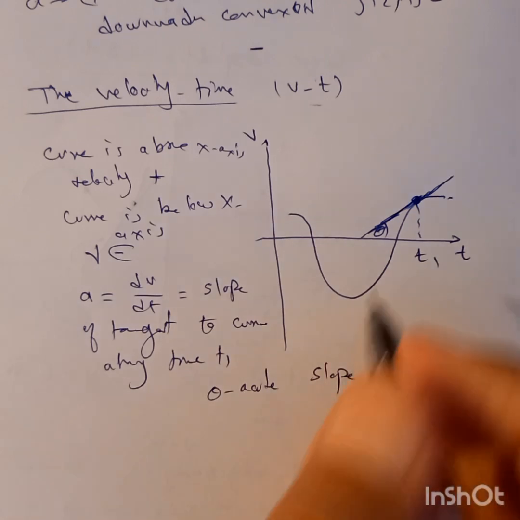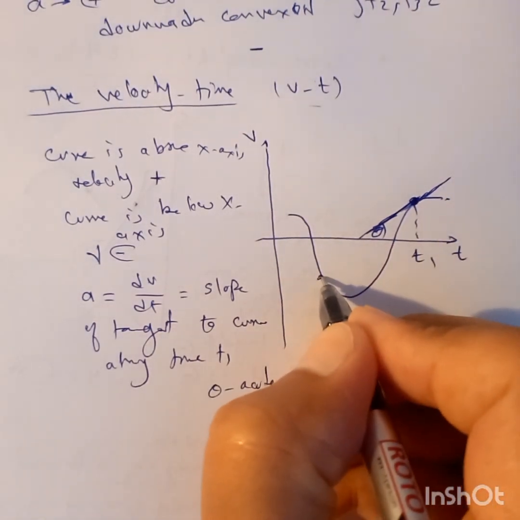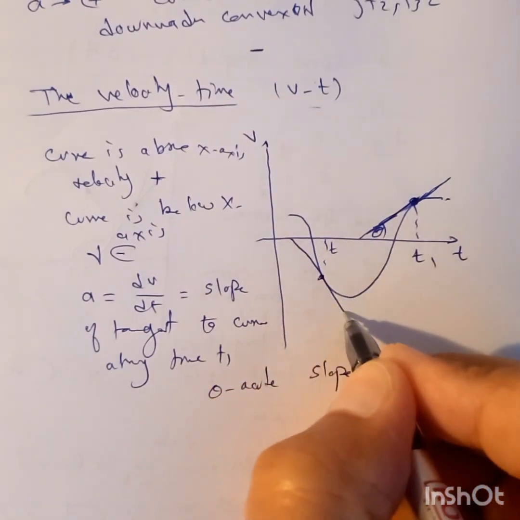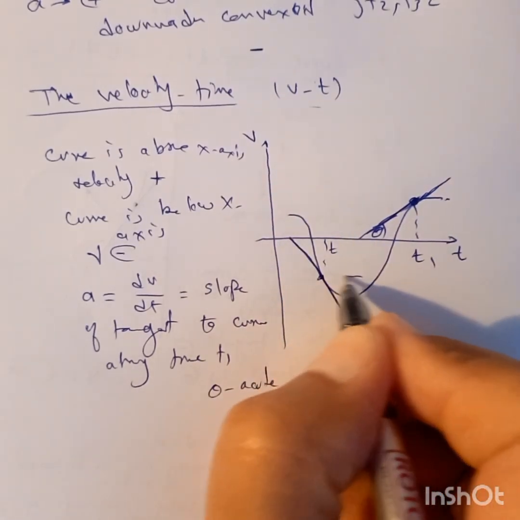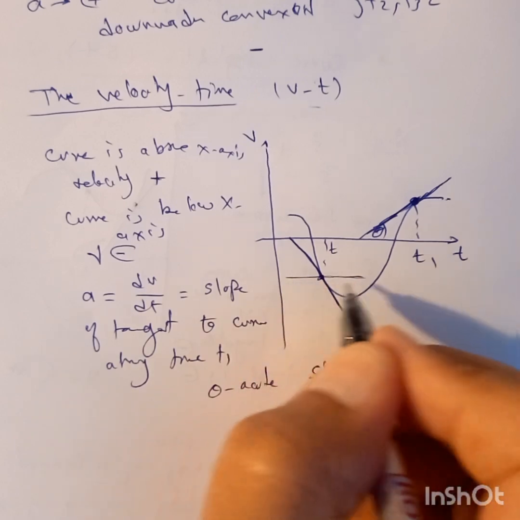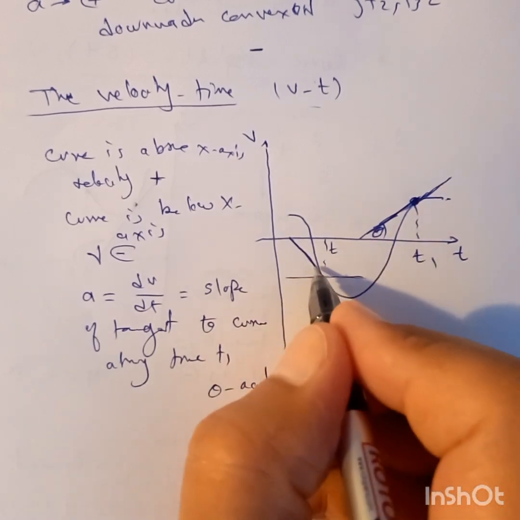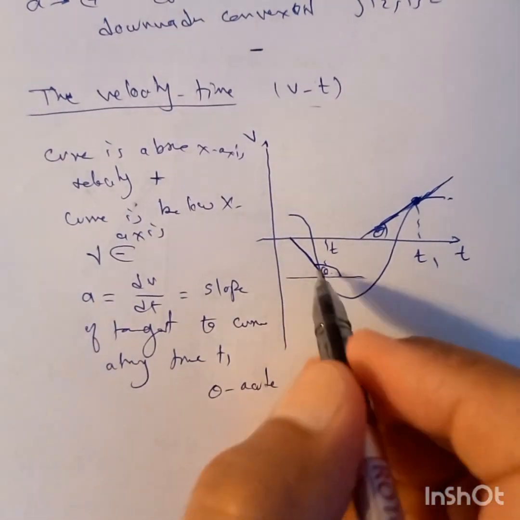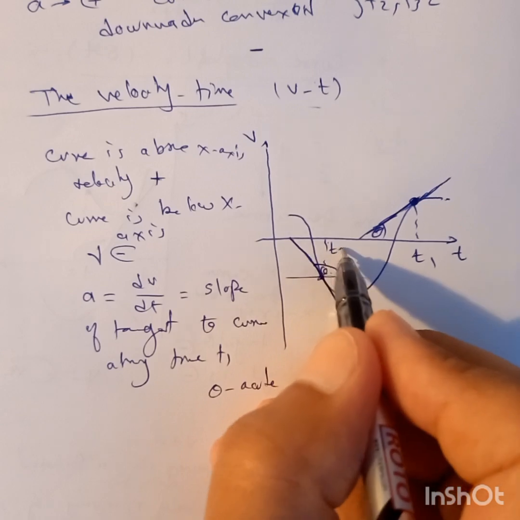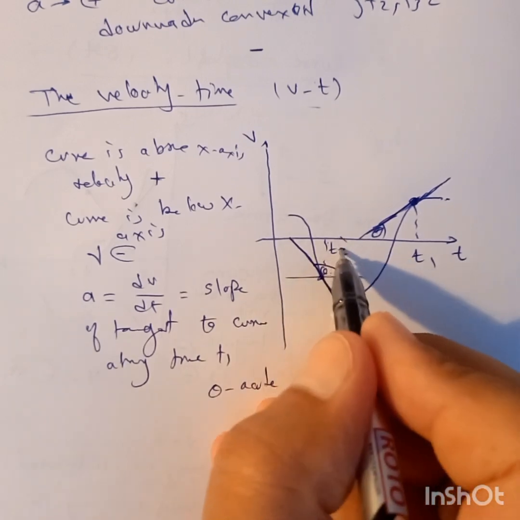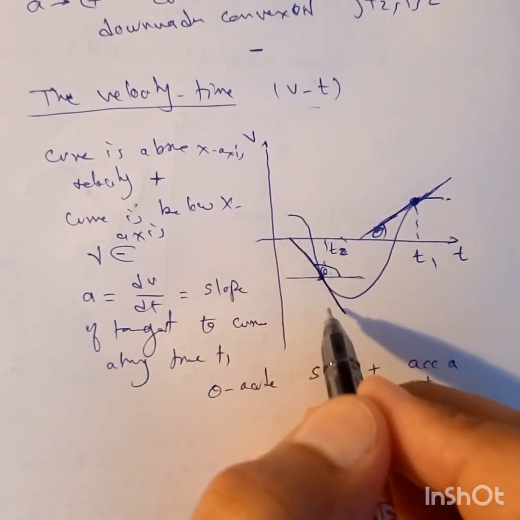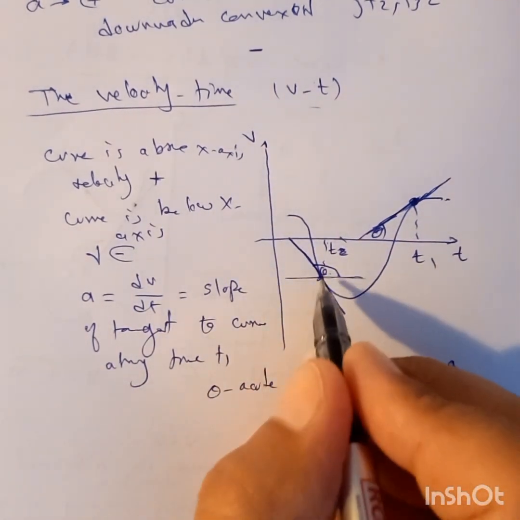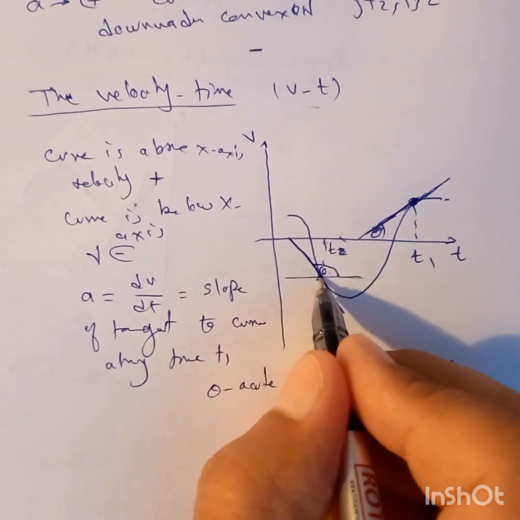Okay, and if, for example, we take this other time and draw the tangent, and here we draw a horizontal axis parallel to the x-axis, here we find this theta is obtuse in this example. Then at t equals t2, for example, or t dash, the slope is negative and acceleration is negative at this moment.